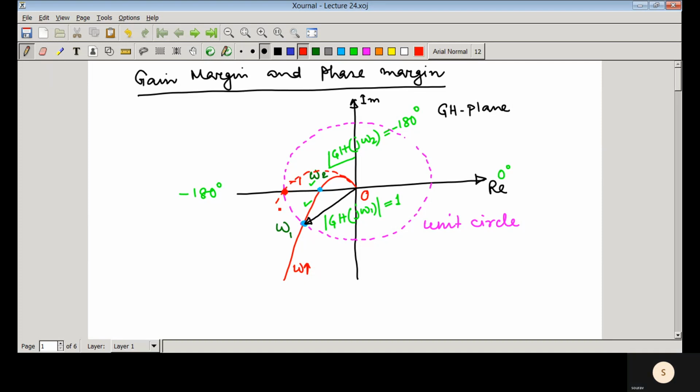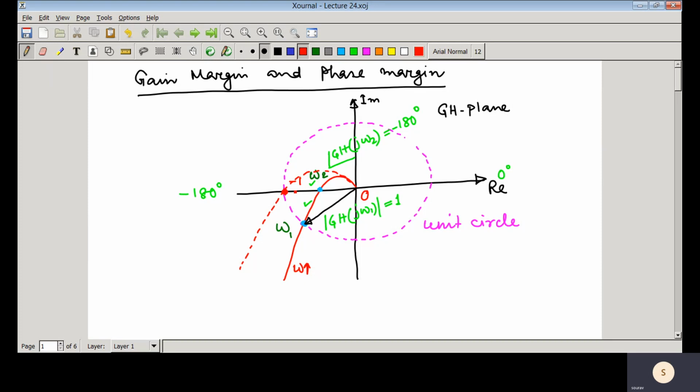If we increase the gain of the system, it would happen that at a particular value of the gain, the Nyquist plot would be passing through the critical point. Whenever it is passing through the critical point, it indicates that the system would be on the verge of instability.